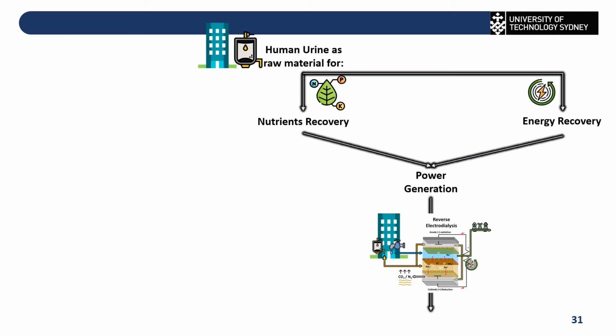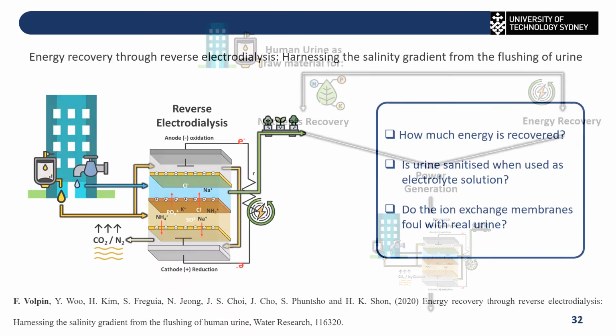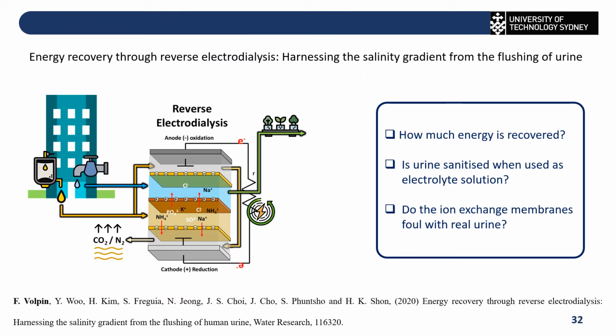The last section of this presentation is reverse electrodialysis to produce energy using salt gradient power based on a urine and tap water system. So we try to apply the RED system to determine the efficiency of energy production from this urine.